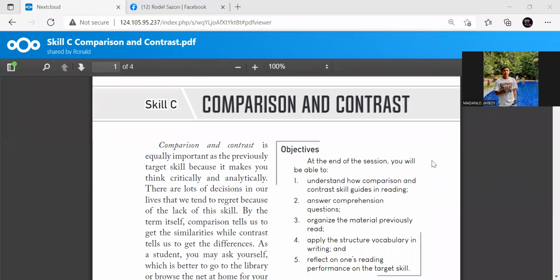Now, if you want to choose the point by point, I would have to discuss Claude's Cafe versus Jollibee in terms of price in one paragraph. In the second paragraph, I would discuss their type of service. Claude's Cafe is a la carte, while Jollibee is self-service, fast food. Then number three, I would talk about the kind of food that they serve.